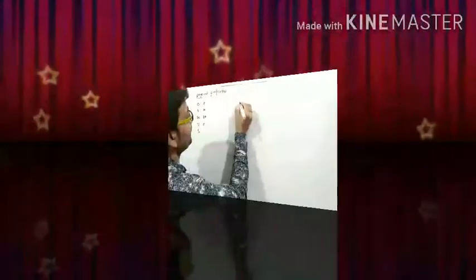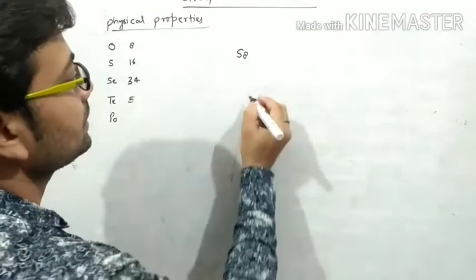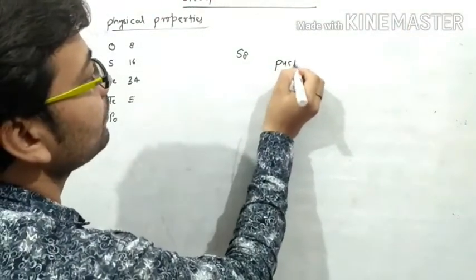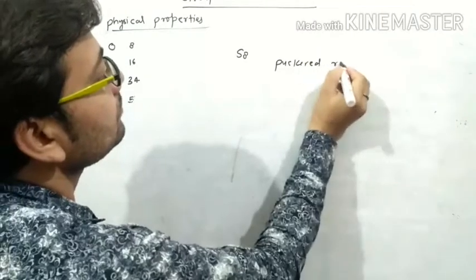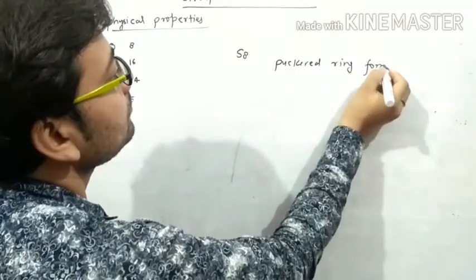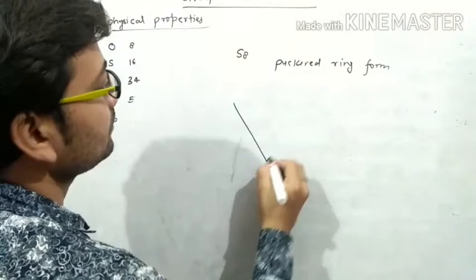Now what is the puckered ring? It is like a crown form, that is puckered ring form. Like this.